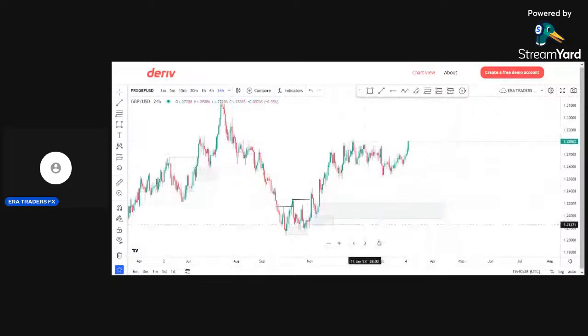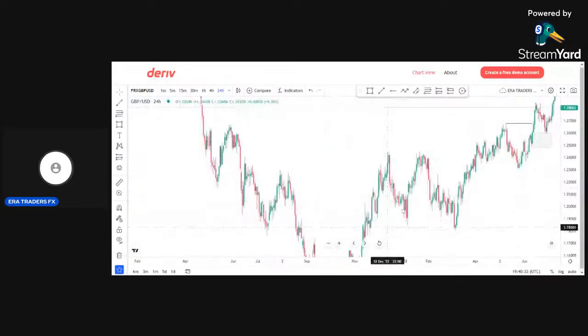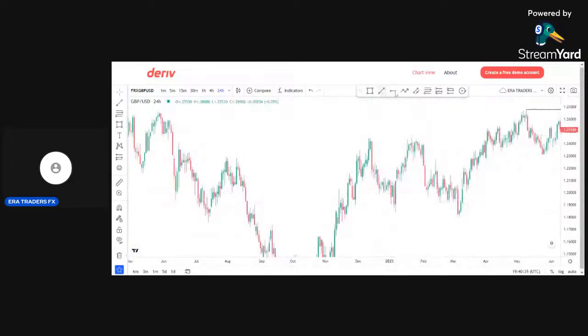Let me show you some more examples of very short order blocks. So we have this one, clear after this break of structure to the up. Sell candle, buy candle.